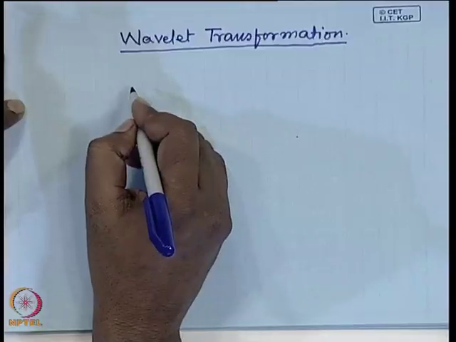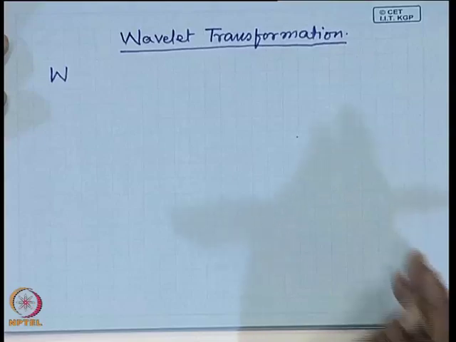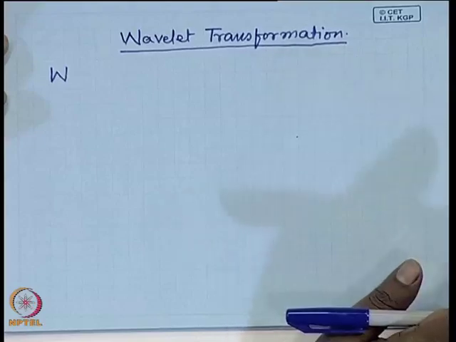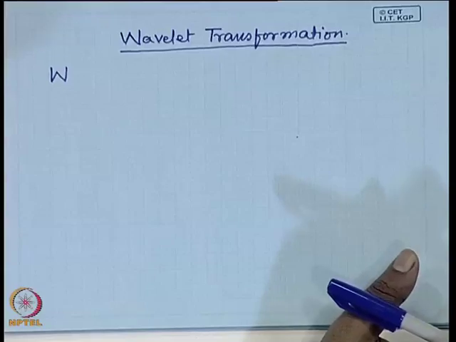Suppose I have a one dimensional signal, and suppose the signal has a bandwidth of W, that is, 0 to W. Wavelet transformation breaks this signal into sub bands.